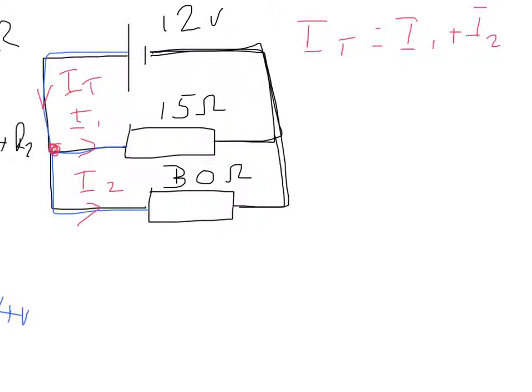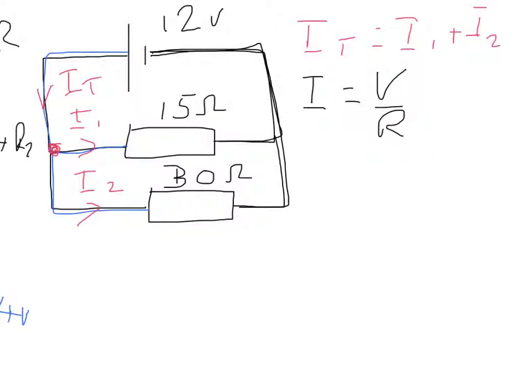Alright, so that will allow us to work out some of these currents, because if you remember, as we said, the voltage is the same for each resistor, so each resistor has a voltage of 12 volts. We can use V equals IR, so we can rearrange that to get that I is equal to voltage divided by resistance.